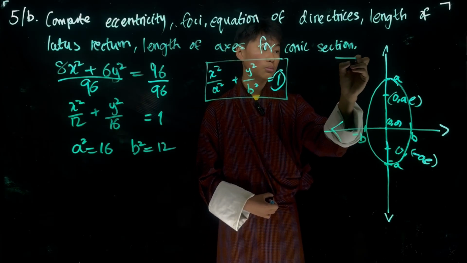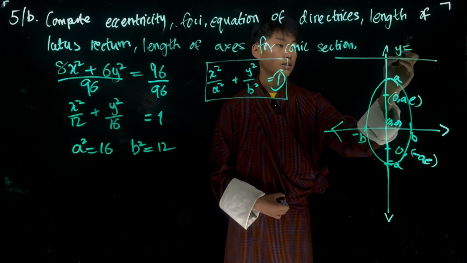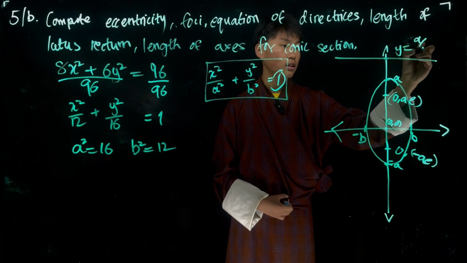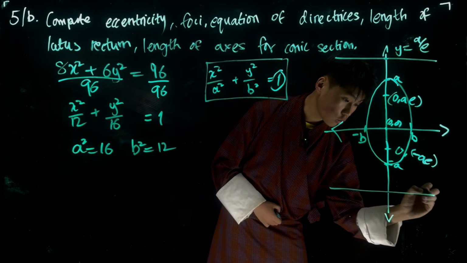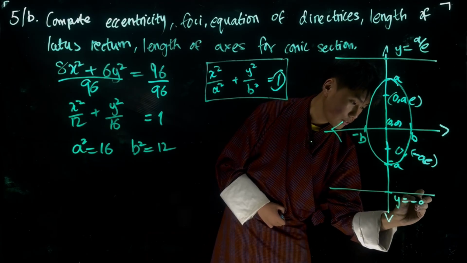The directrices will be drawn at y equals a by e and y equals negative a by e.